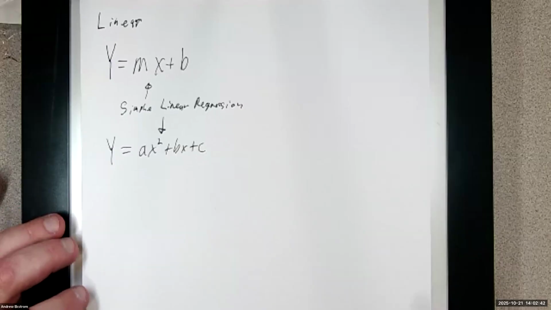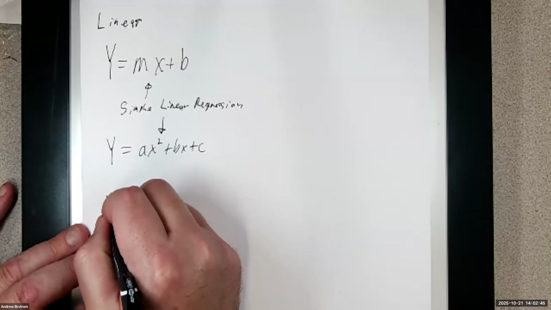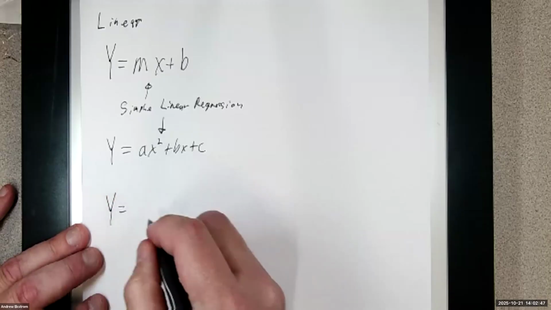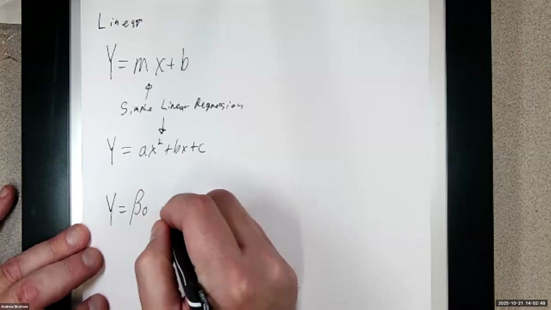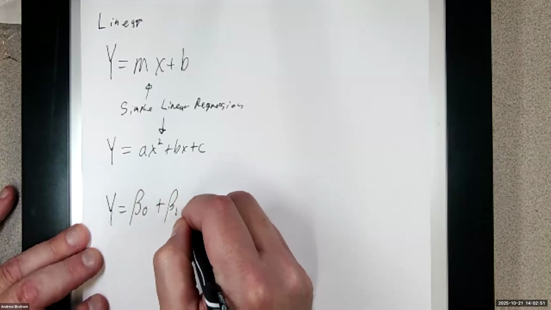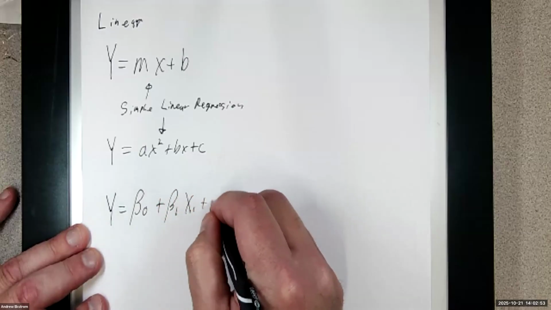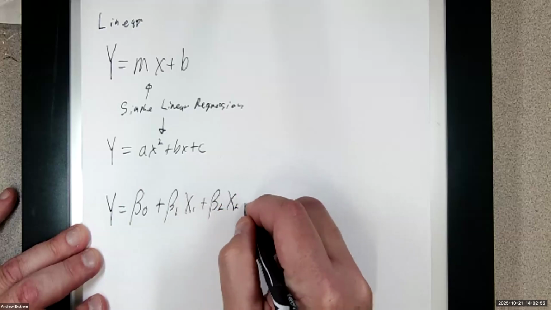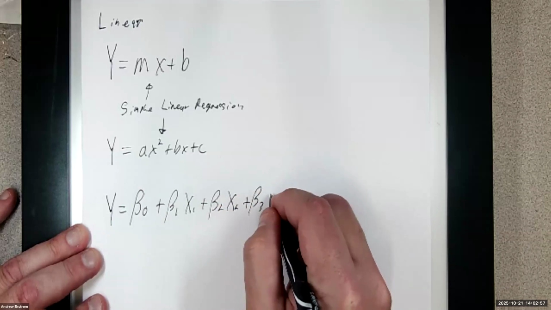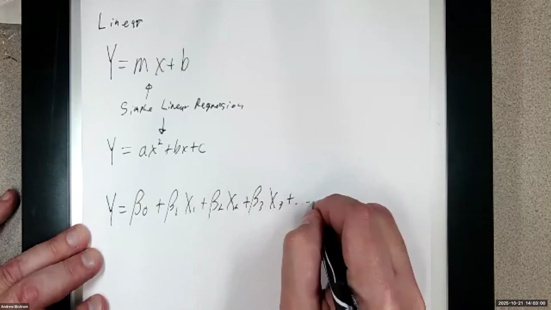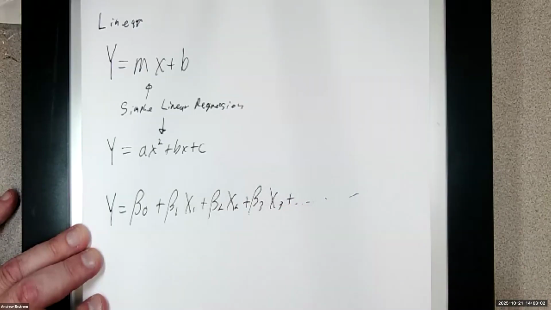What we're going to build up to eventually is we're going to have y equals beta 0 plus beta 1, x1 plus beta 2, x2 plus say beta 3, x3 plus, and then we can keep going.